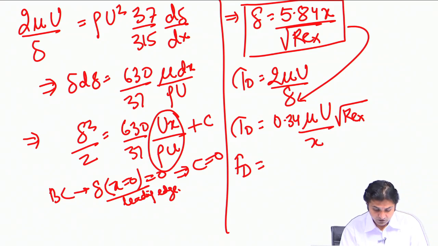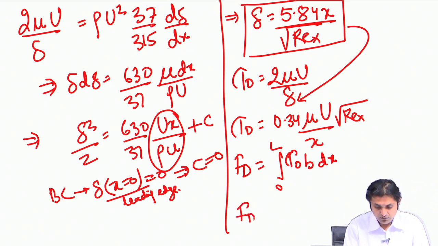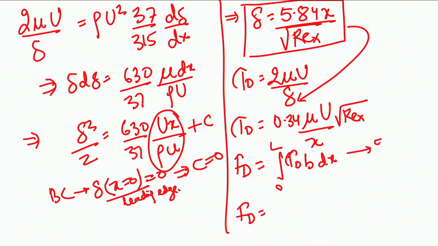All right, now the drag force is simply the integral from 0 to L of tau naught b dx. Okay, and if you substitute it in terms of x, you are going to find out, I think you do this at home. You substitute all these values of tau naught in terms of x.